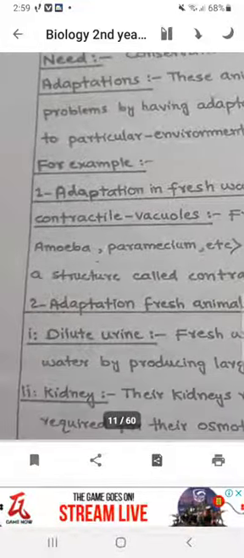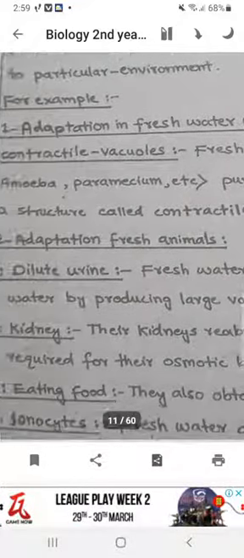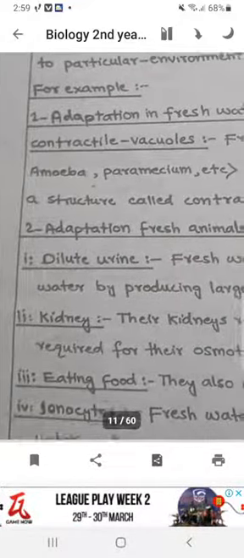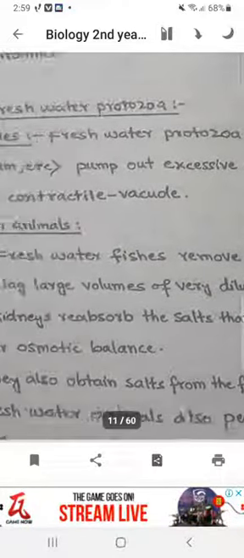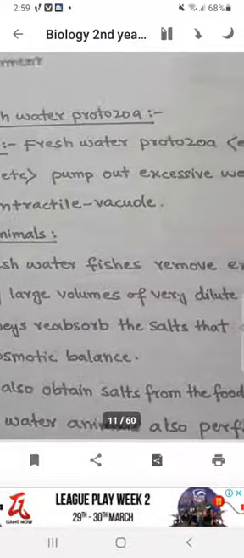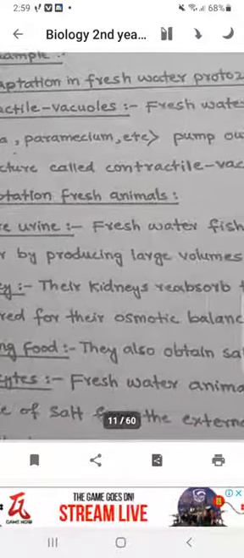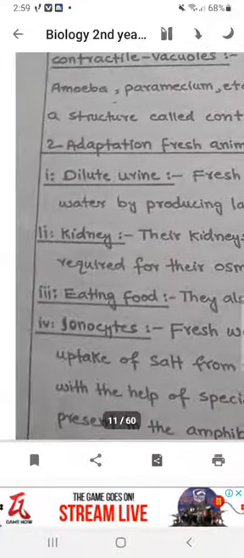For example, adaptation in freshwater protozoa, contractile vacuoles. Freshwater protozoa, for example amoeba, paramecium, etc., pump out excessive water by a structure called the contractile vacuole.